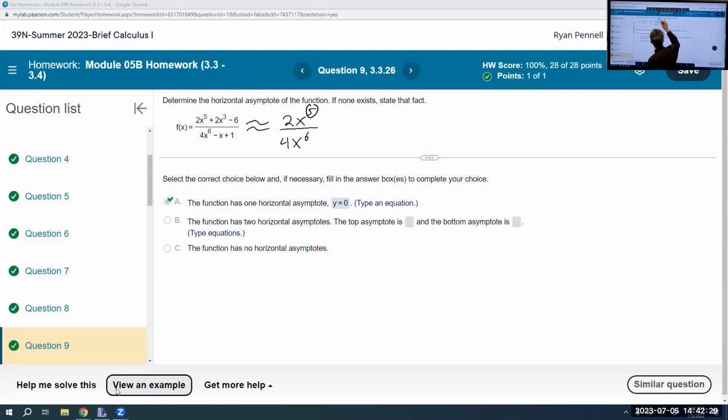This is smaller than the denominator, so it's just y equals 0. It's a horizontal asymptote. It's tending towards 1 over x. So as x goes towards infinity, f of x is tending towards 1 over x. That's the idea. X is so large that the only thing that matters is the degrees at that point.